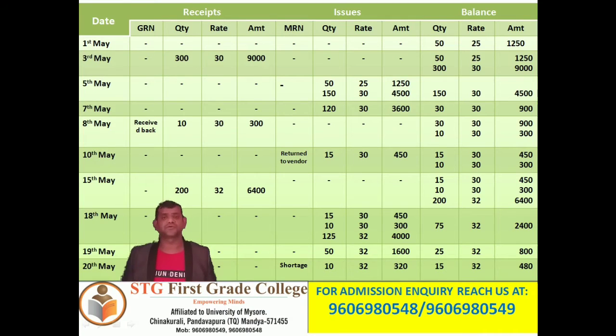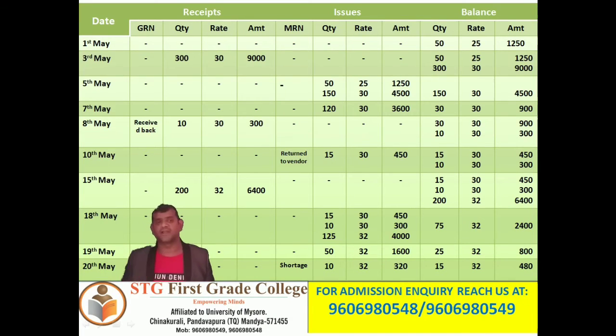So 50 into 25, 1,250 rupees. So out of 200 units, I have issued only 50 units. So the balance is 150 units I am supposed to issue from the 300 units. So take 150 units at rupees 30, 4,500.